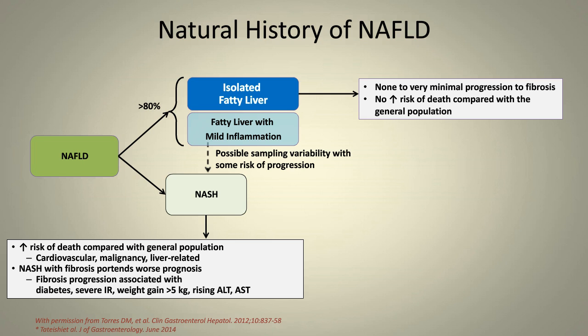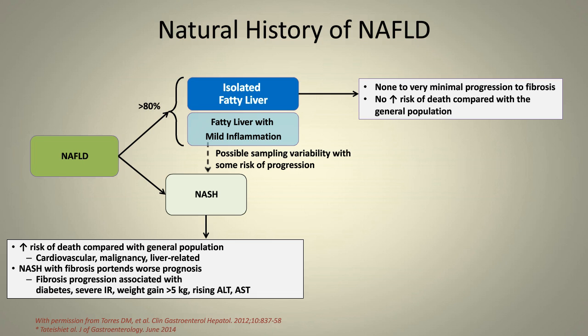Having said that, if you do have NASH, and this is 20 to 25% of fatty liver patients, there is increased risk of death, and it's mainly cardiovascular, non-liver related malignancy, and then liver-related causes of death. What we do know is that NASH with fibrosis portends a worse prognosis, so a little moniker there you can throw in the back of your head.